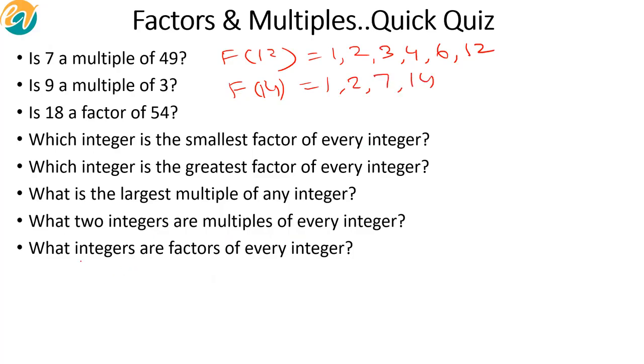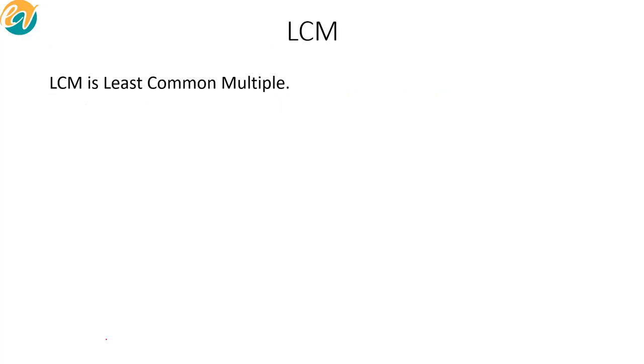So what two integers are factors of every integer? The number 1 is a factor of every integer, and finally the number itself, right? 14 is a factor of 14, 12 is a factor of 12. So the integer 1 and the number itself would be factors of every integer.